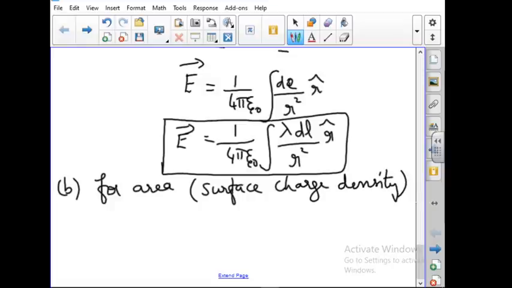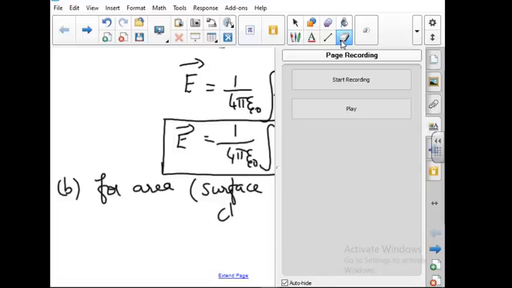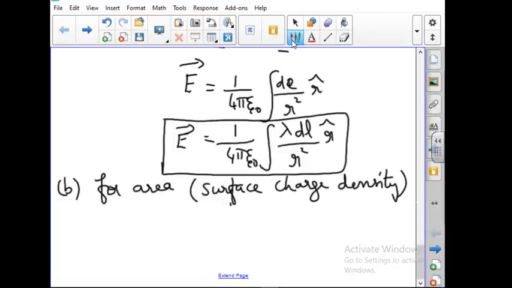What is surface charge density? It is the charge per unit area.